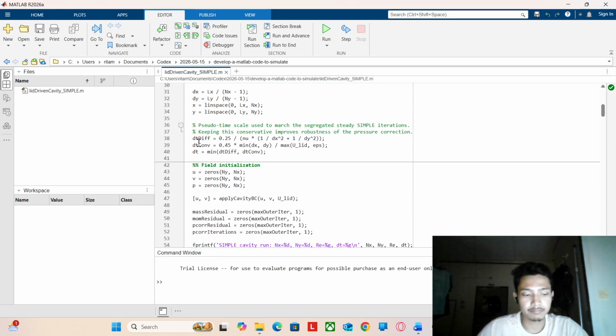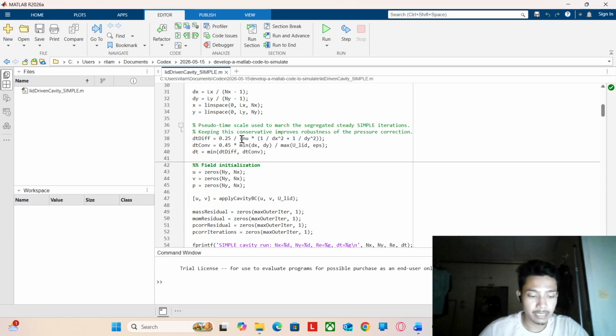Then time step: dt diff equal to 0.25 by nu into bracket 1 by dx square plus 1 by dy square bracket close. dt conv equal to 0.45 into minimum of dx, dy by maximum of U lid, eps. dt equal to minimum of dt diff, dt conv.